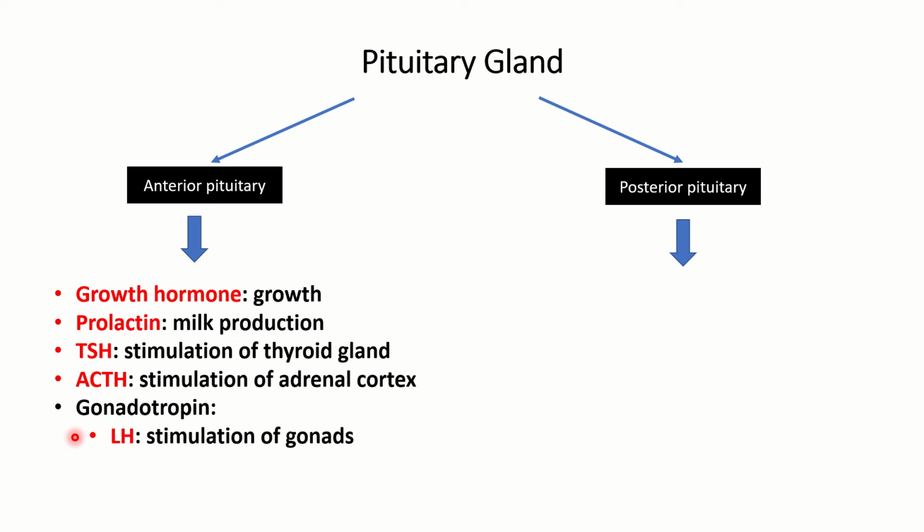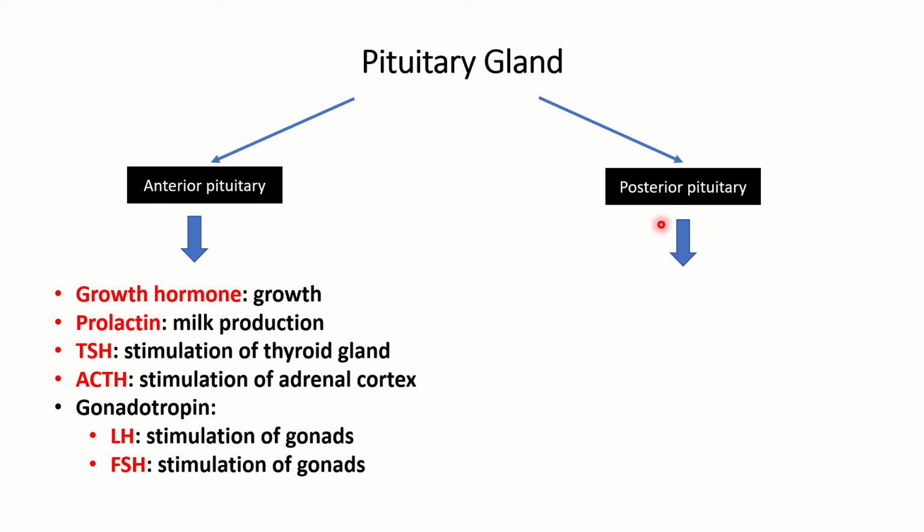For ovaries, it's important for ovulation, and also important in males for spermatogenesis, but FSH is more important for spermatogenesis in males, and FSH is also important for the menstrual cycle in women. As you can see, if a hormone has stimulating or tropic in its name, that is part of the anterior pituitary gland hormones.